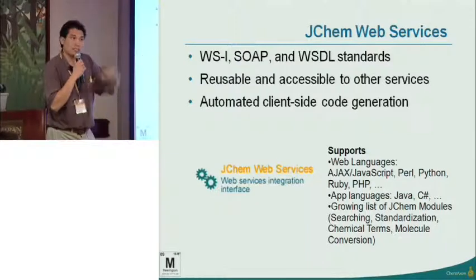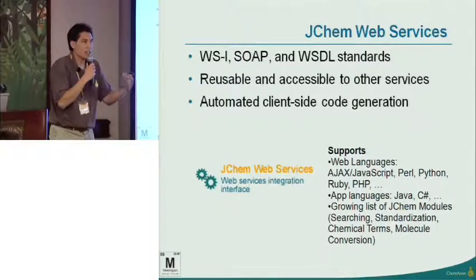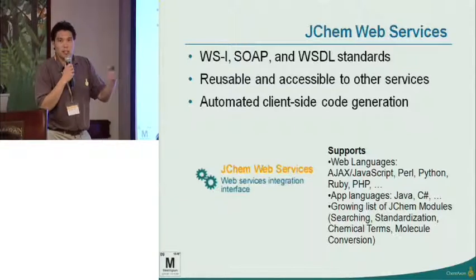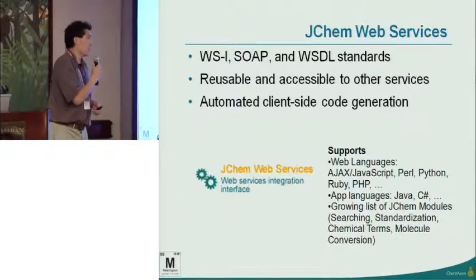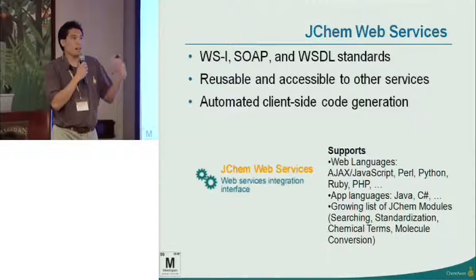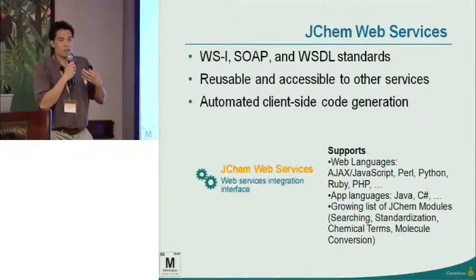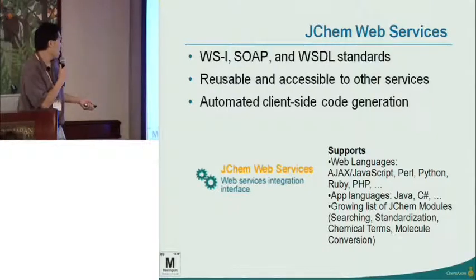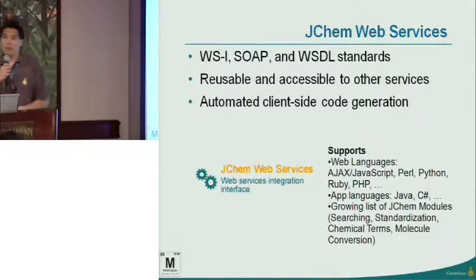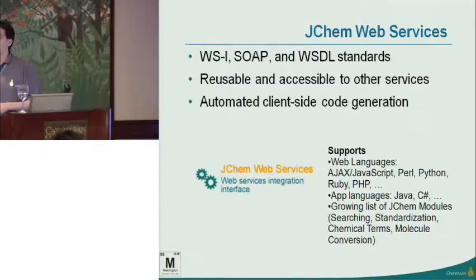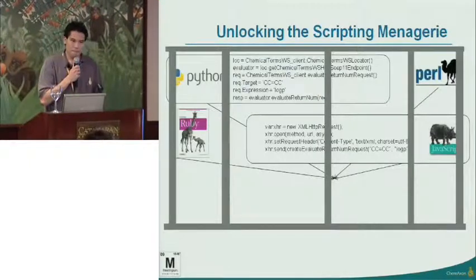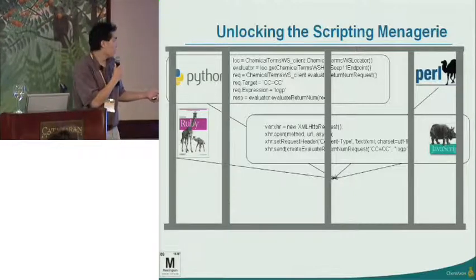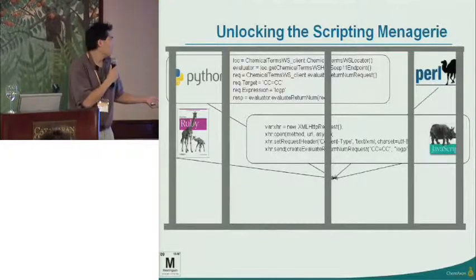And with web services, instead of just making a client application that's on your desktop, you get to bring it out to the web, and not have to have all of your services on that desktop. And of course, we're growing the list of modules that are included. This slide is just talking about the fact that we've got Perl, Python, Ruby, and JavaScript.